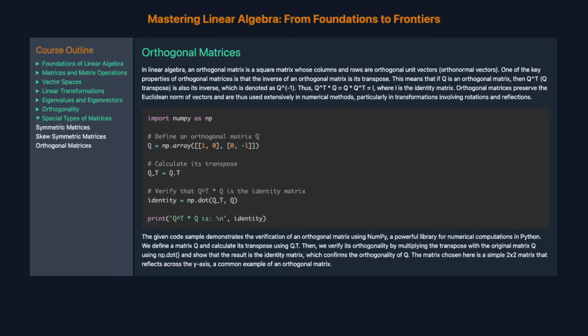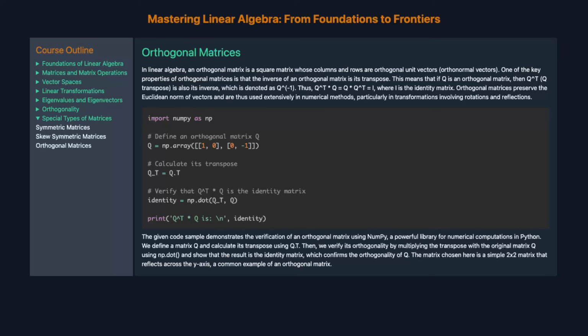Orthogonal matrices preserve the Euclidean norm of vectors and are thus used extensively in numerical methods, particularly in transformations involving rotations and reflections. The given code sample demonstrates the verification of an orthogonal matrix using NumPy, a powerful library for numerical computations in Python.